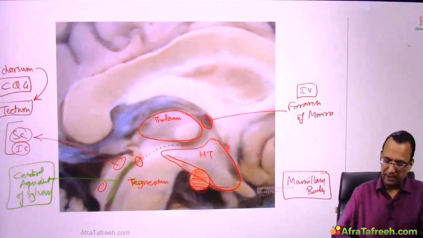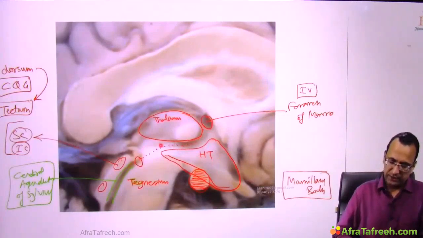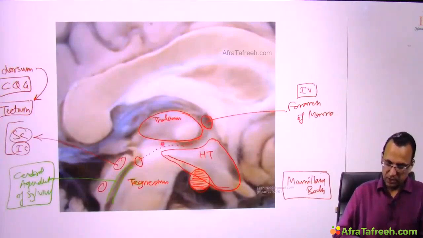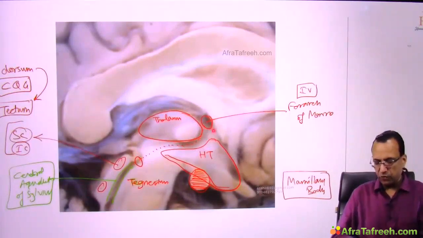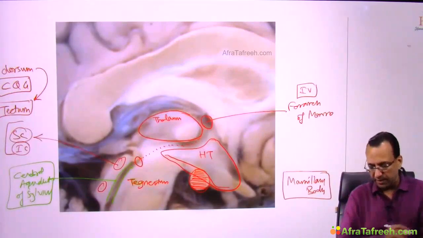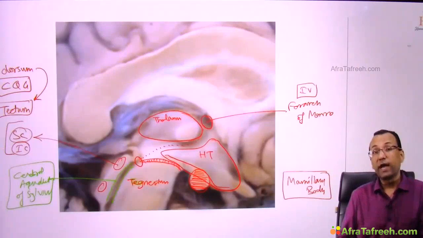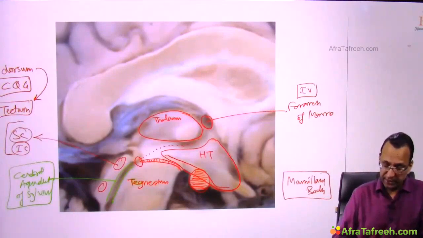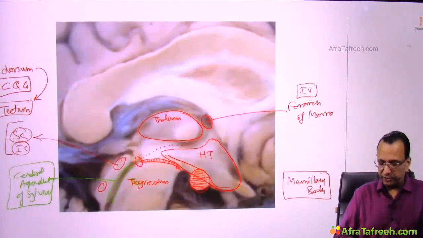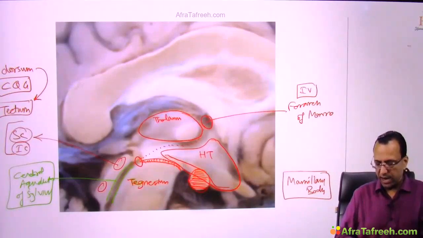Hypothalamus is not only lateral wall but also floor, and CSF is passing in this sulcus. Can you tell me what else is at the floor of the third ventricle? Yes, the tegmentum part of the midbrain. So this is the tegmentum part of midbrain, which is also at the floor of the third ventricle. This is the hypothalamus mammillary body.